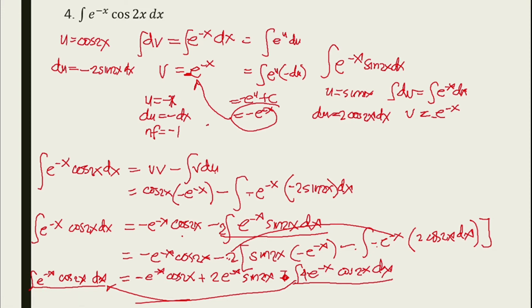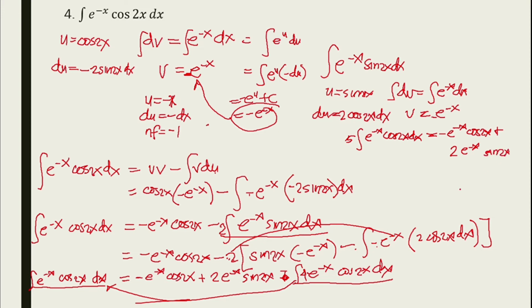So therefore we have 5 times the integral of e raised to negative x cos 2x dx is equal to negative e raised to negative x cos 2x plus 2 e raised to negative x sine 2x.